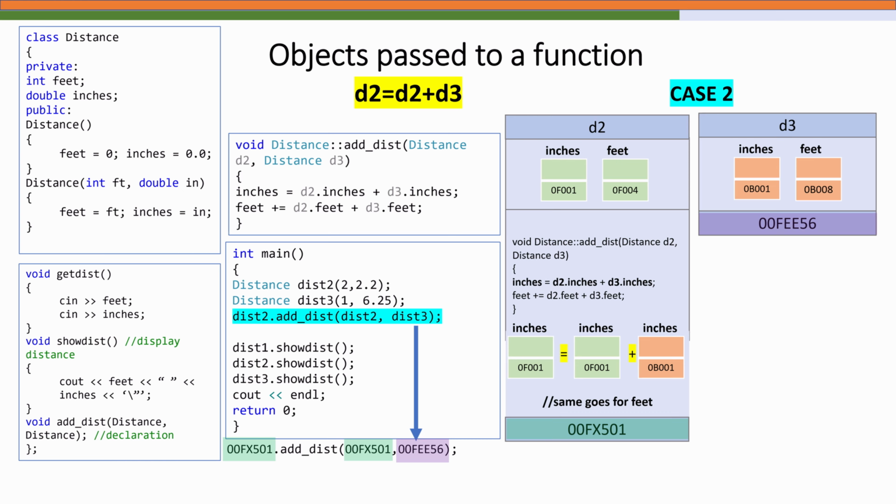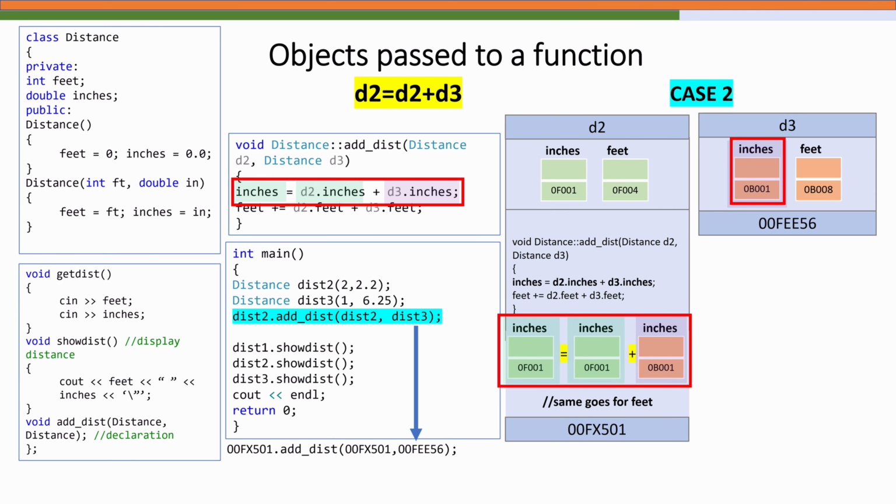Here is the key observation. Since d2 is both the caller and one of the arguments, the function first makes a copy of d2, but the actual updates happen on the calling object through this. So when the function adds d2 and d3, it ends up adding d2 to itself, effectively doubling its value.